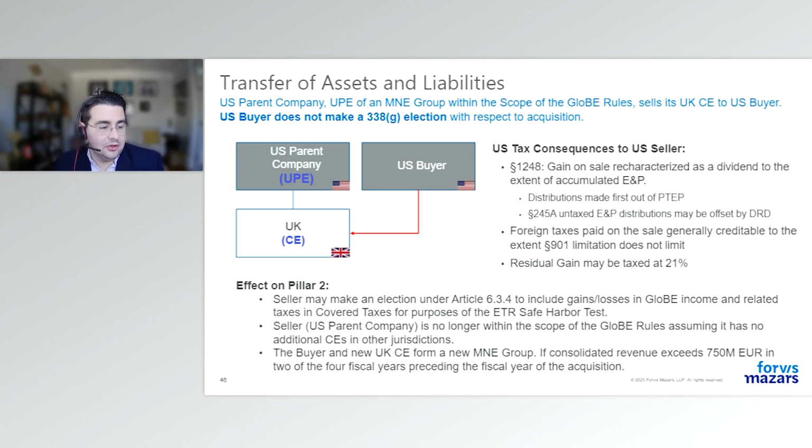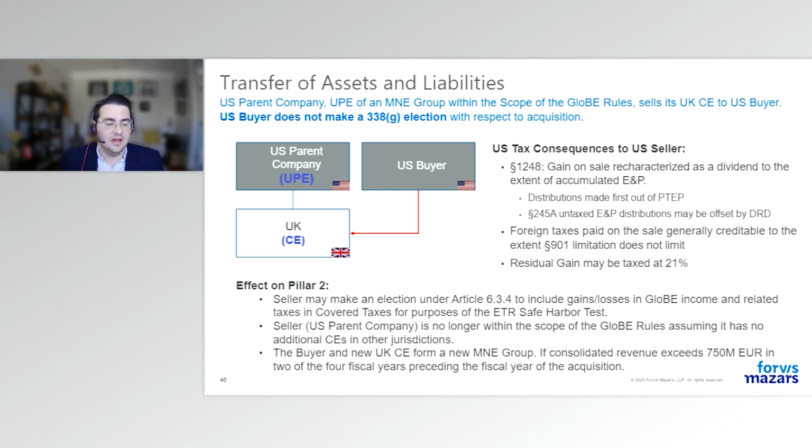What the effect on Pillar 2 is, Article 3.2.1c will say, hey, this gain is not included in your Pillar 2 calc, and neither are the taxes, right? Because of matching the income and the taxes together. Well, the seller here can make an election under 6.3.4 to include those gains or losses in GLoBE income and related covered taxes.